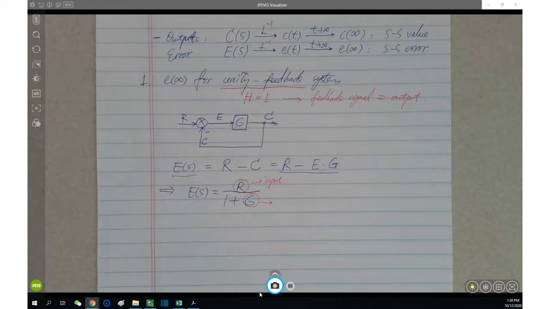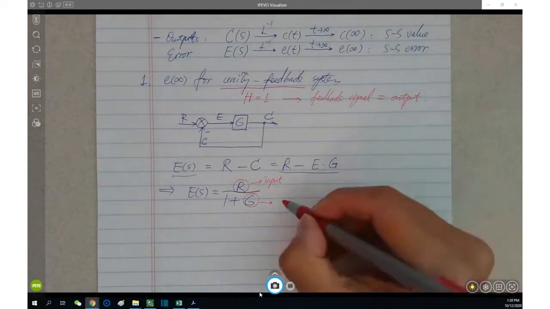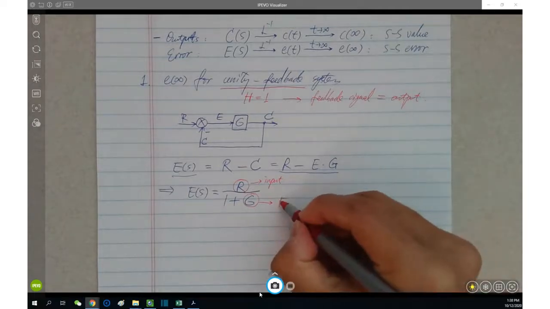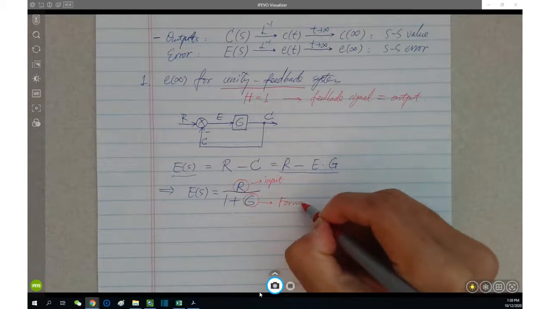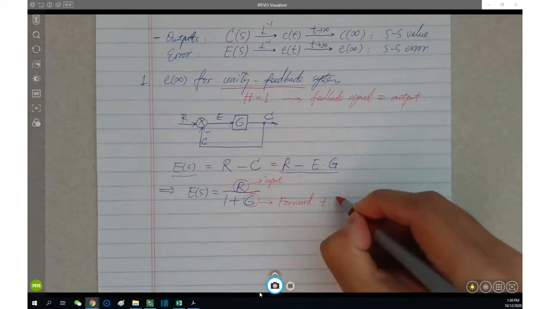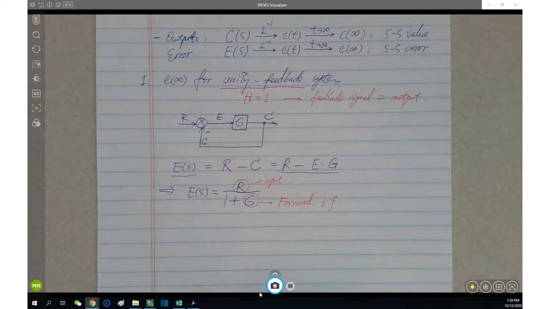But more importantly, what transfer function is this? Remember what I said? The forward transfer function is the one we're going to use in this particular model. Very good. It's a forward transfer function.